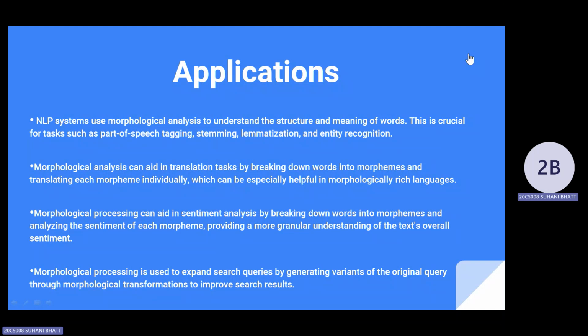Morphological processing is also used to expand search queries by generating variants of the original query through morphological transformations to improve search results.